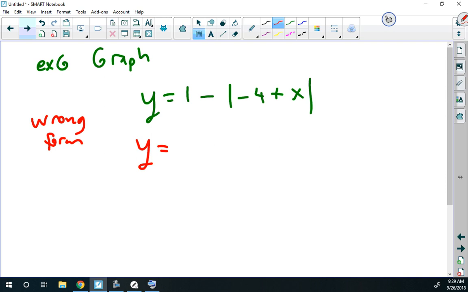Well, we had been putting the absolute value term first. Our absolute value term is this, right? So the first thing would be the negative absolute value of -4 plus x. Now what goes at the end? Plus 1? Okay.